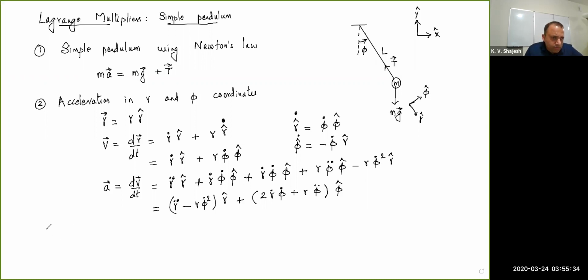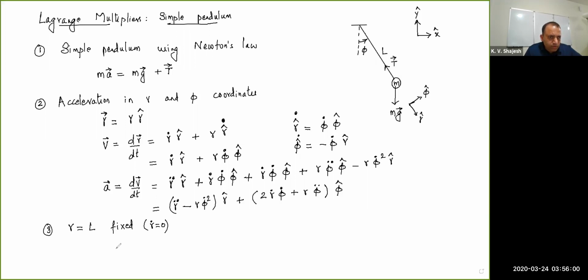For our purposes, we have r is fixed, r is equal to L, which is fixed. That means r dot is 0, right? r dot is equal to 0. In that case, we have simplifications.